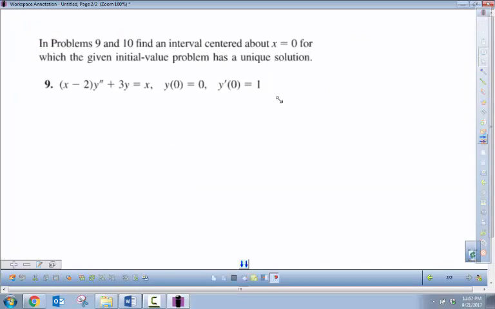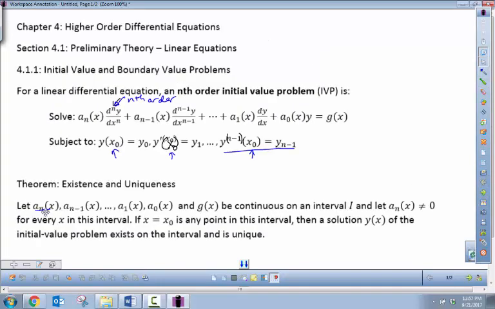So I'm not too interested in trying to solve for this at the moment. But let's take a look at the theorem again. It's saying that a sub n minus 1 all the way to a sub 0 and g are continuous on some interval, and then x equals x naught is a point that's somewhere in that interval.